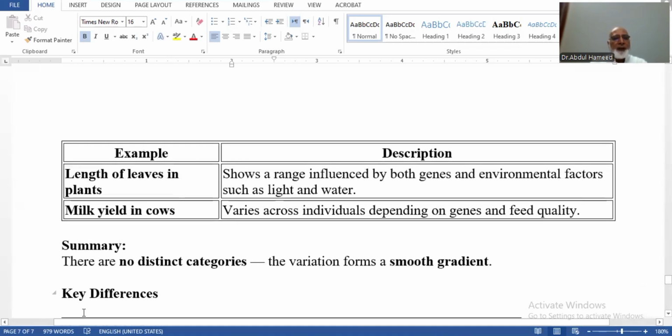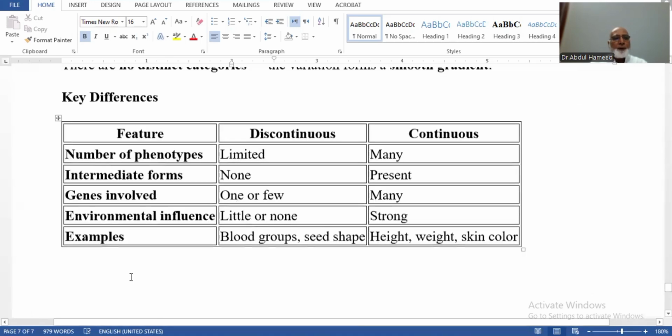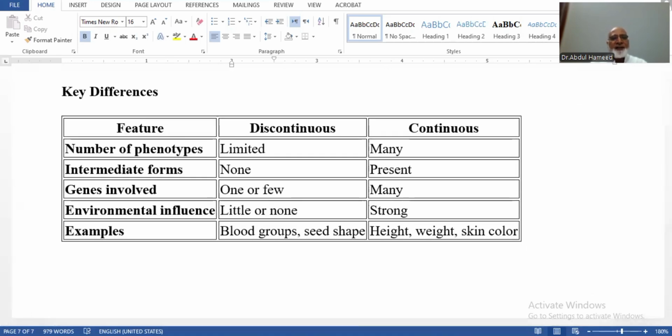So in case of continuous variations, no distinct categories. Now the key differences between discontinuous and continuous variations. In discontinuous variations, the number of phenotypes for a particular character is limited, but in continuous variations, the number of phenotypes may be many.